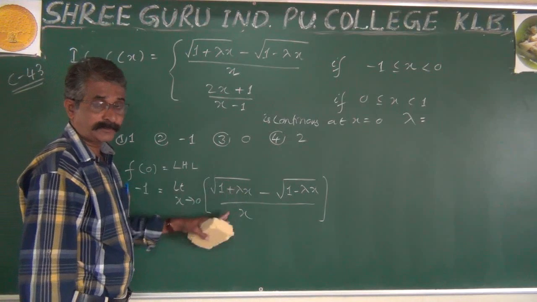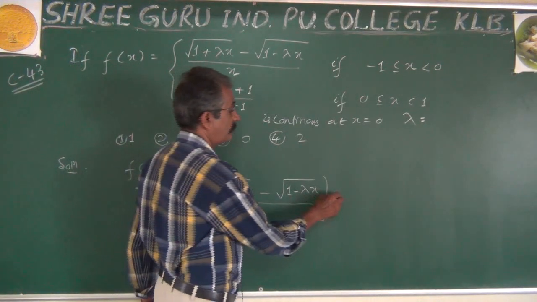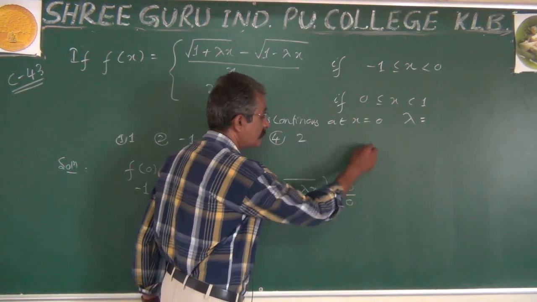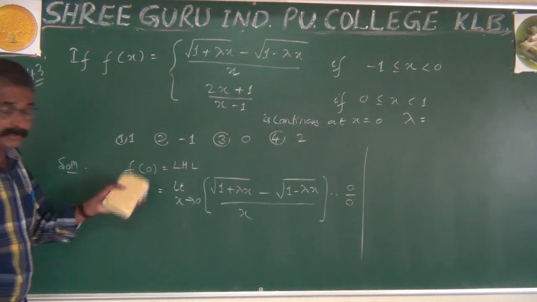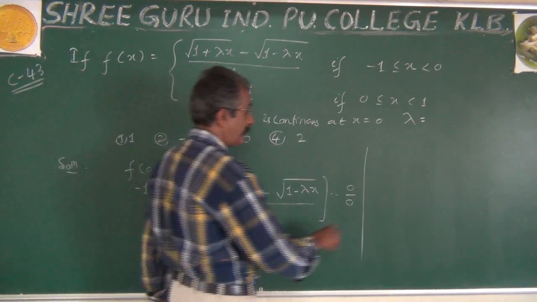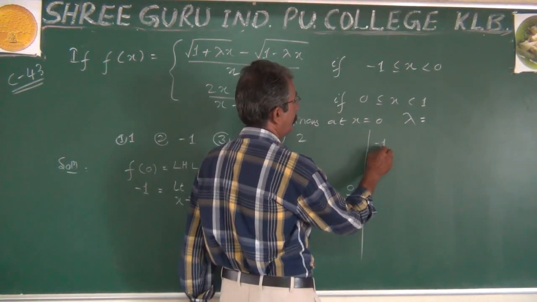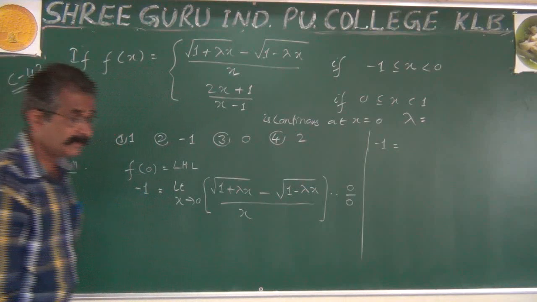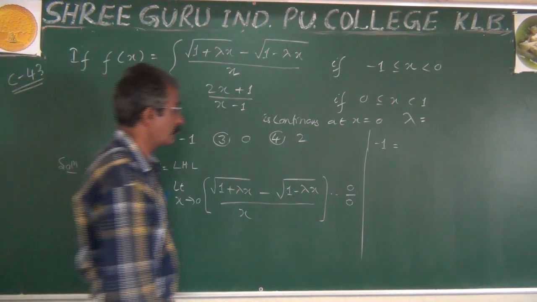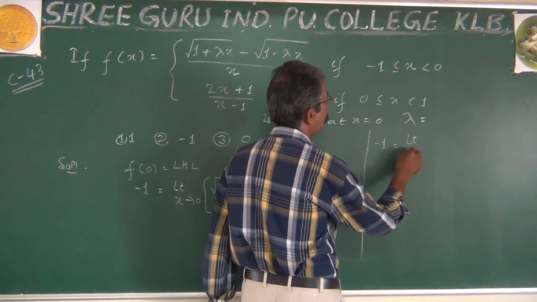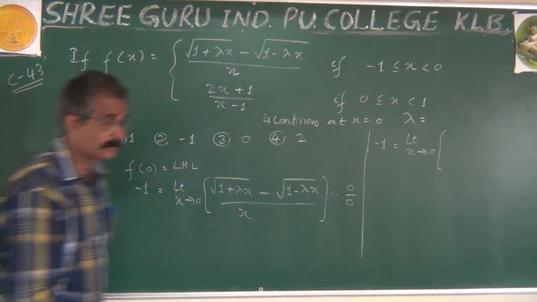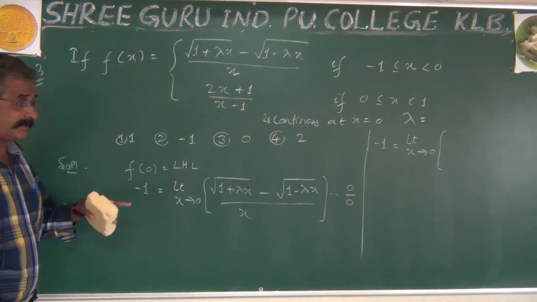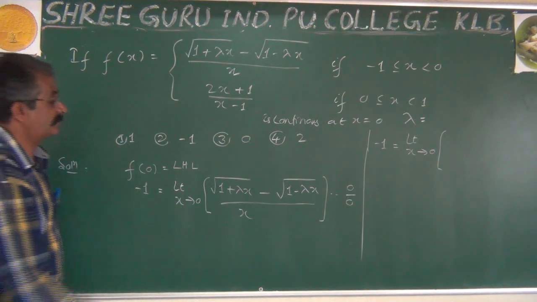However, this expression becomes 0 by 0 form. As it is in 0 by 0 form, let's apply L'Hospital's rule on the right hand side, whereas the left hand side remains minus 1. What does L'Hospital's rule say? Differentiate numerator and denominator.